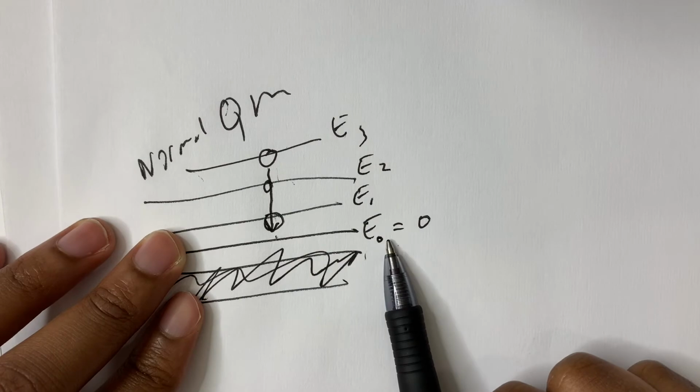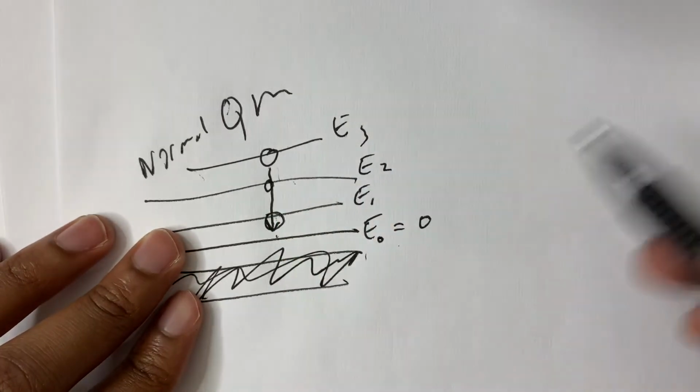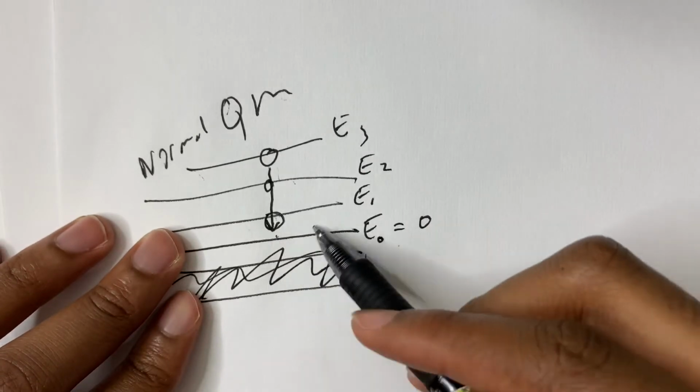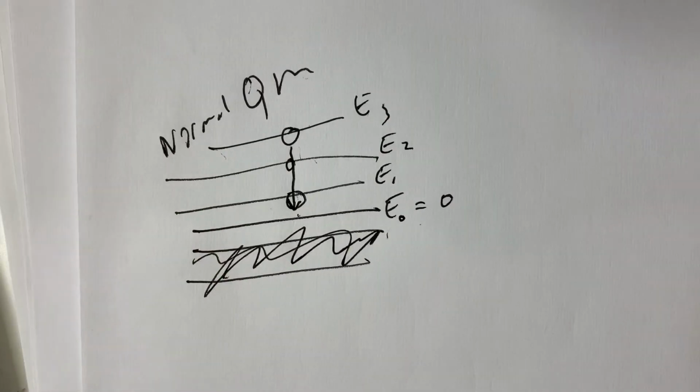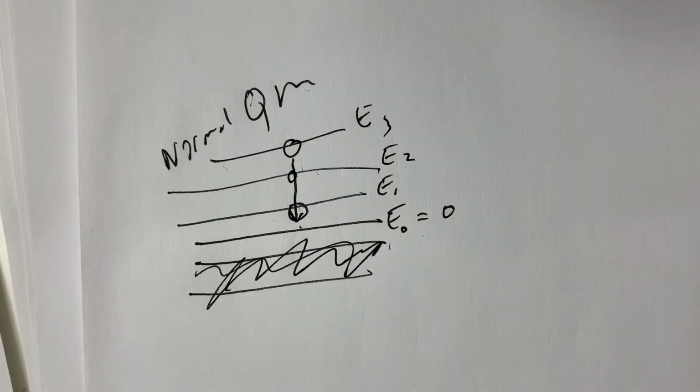It's not going to drop down there. Now, if we have multiple particles, it's a bit different since we have the Pauli exclusion principle, but ignoring that, the particle will just drop down to the ground energy, E1.